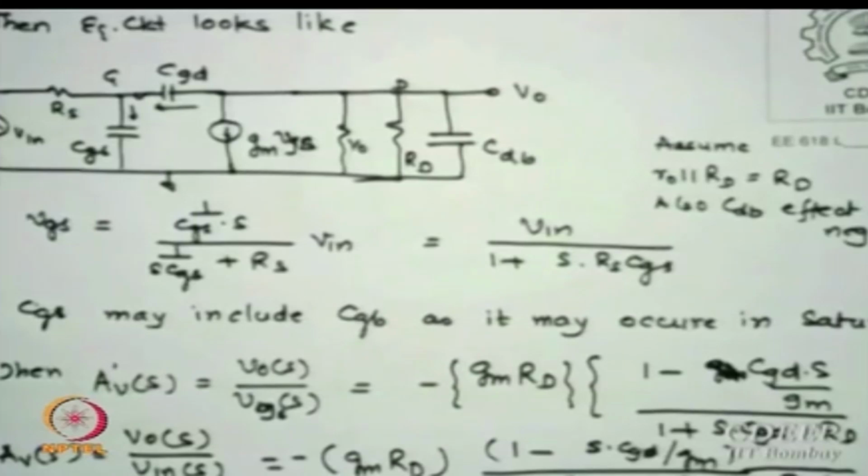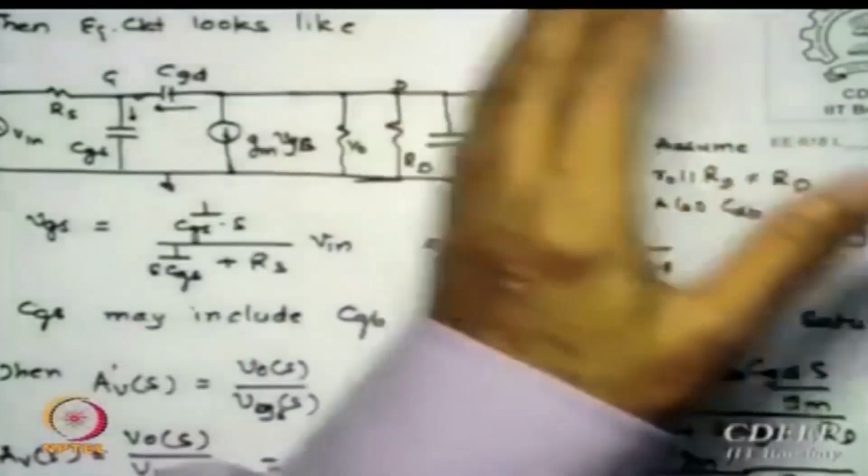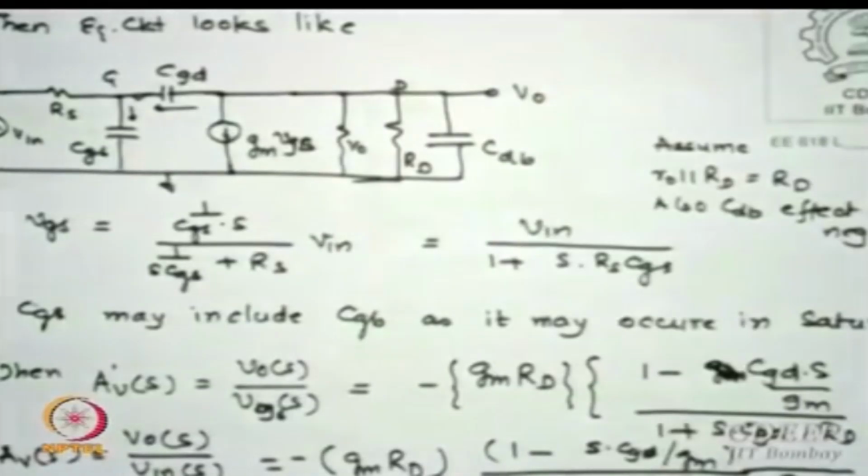So if I want to find V0 by Vn, I will replace VGS by this term and therefore I can always get the ratio of V0 by Vn. The assumption here is that the impedance seen is much higher, so I neglect that. If you do not feel like doing this, solve the whole network.